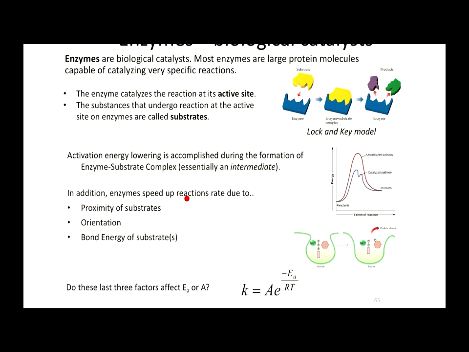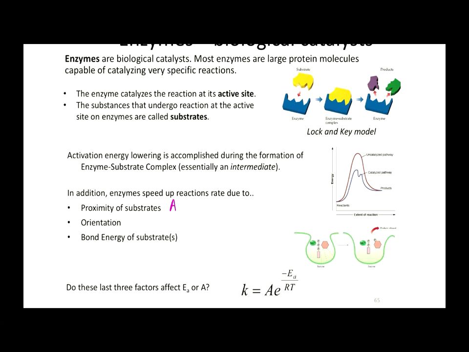So enzymes speed up reactions because they bring substrates, the reactants, close together, right? If we think about the Arrhenius equation, if we bring the reactants close together, what factor in the Arrhenius equation does that improve? A, because A is what? The collision or frequency factor. So if you bring the reactants close together, you're improving the collision.